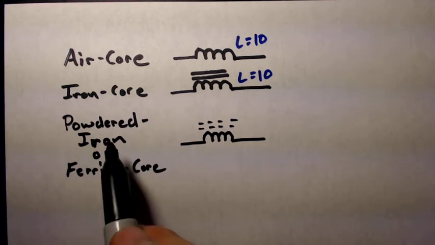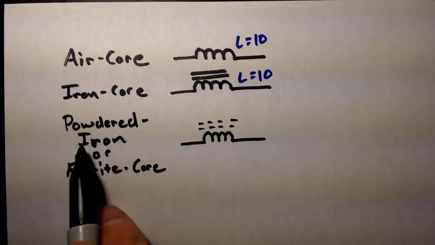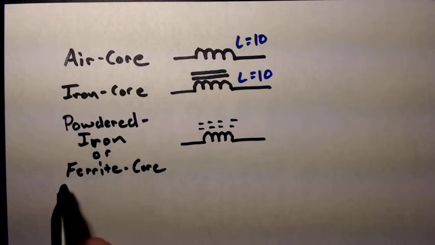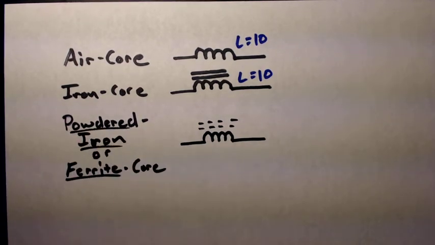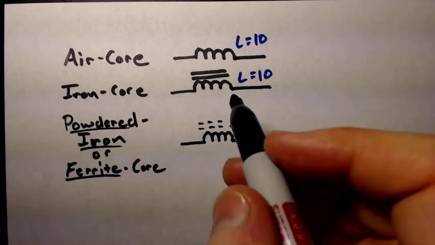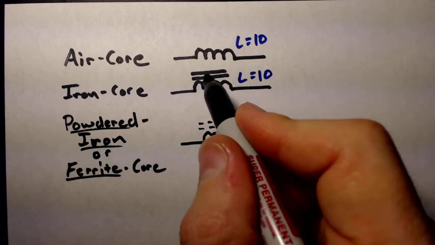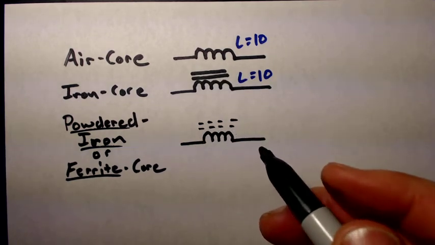Now, when you're talking about powdered iron or ferrite, quite literally what they do is they grind up iron, they turn it into filings, and then they put it into some glue and they mold it. And they call that ferrite or powdered iron. Now, if you think about an iron core as being solid, and if you think about grinding up those 2 lines and turning them into dashed lines, that's where you get your powdered iron from.